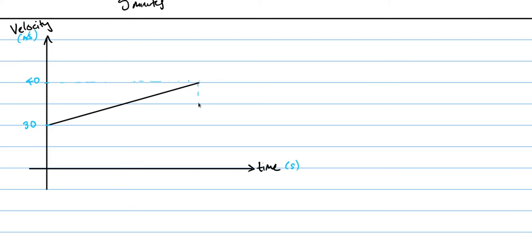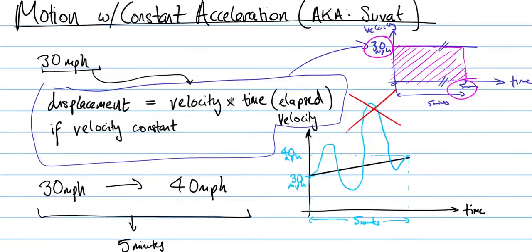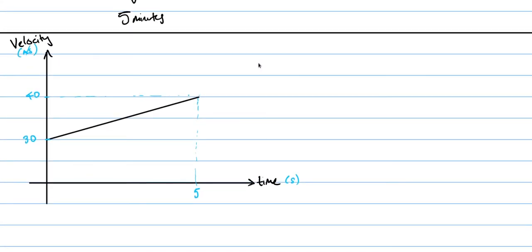And down here we've got 5 seconds. This is looking pretty crazy now that I've changed the units, but we'll roll with it. Let's say in 5 seconds we went from 30 meters per second up to 40. These are random numbers that I chose. Like I said, the area under this graph gives us the displacement.